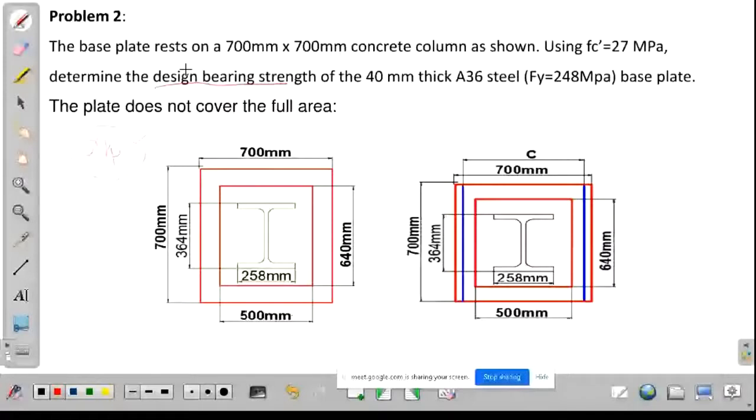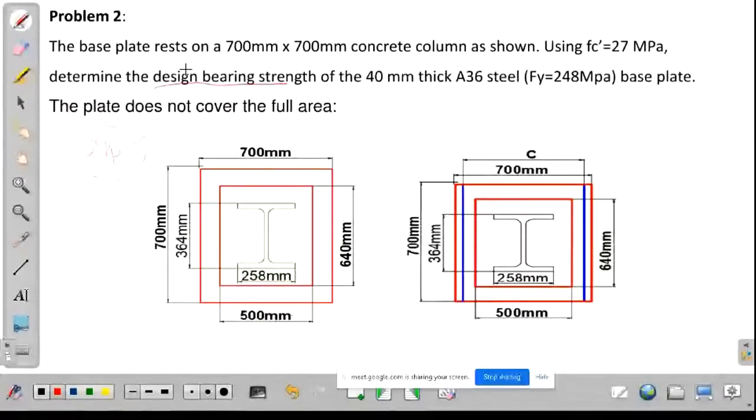So, dapat yung ating design bearing strength is greater than or equal to the ultimate load na nakuha natin doon based on bearing pressure on support and then based on the bending stress on our base plate. So, kailangan greater than sa both. Hindi pwedeng yung isa lang. Okay?